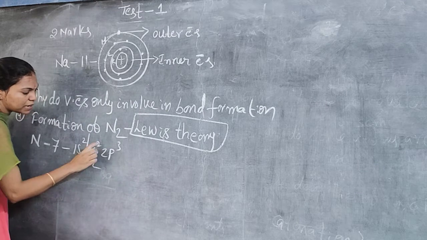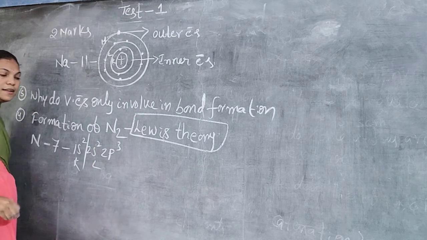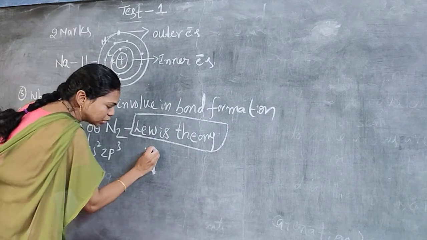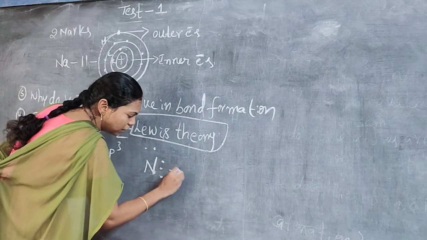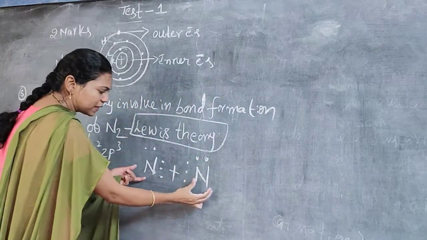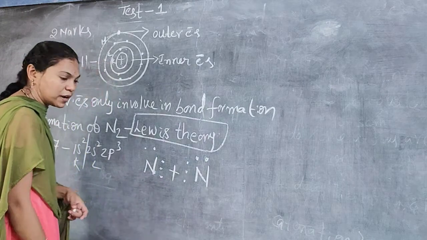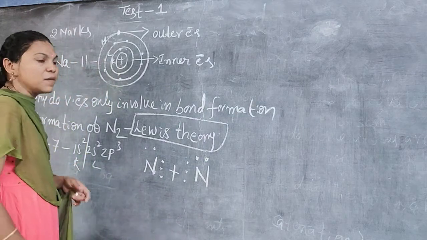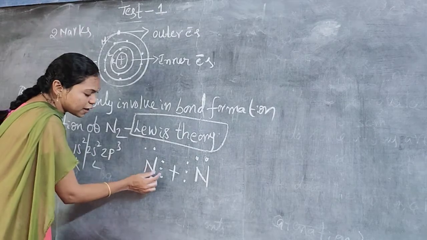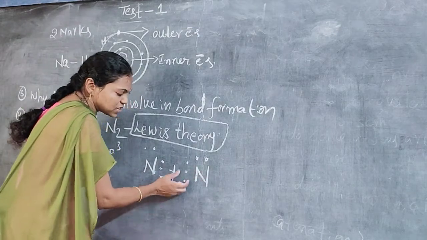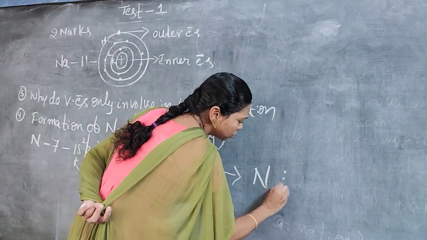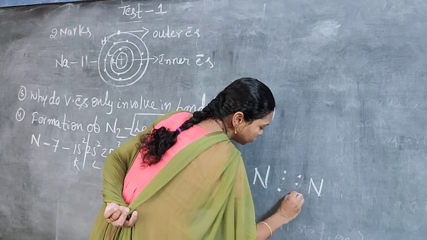In the outer shell there are 5 electrons. Another nitrogen also has 5 electrons. When both nitrogen atoms come close together, they share electrons: 3 electrons from one nitrogen and 3 from the other.